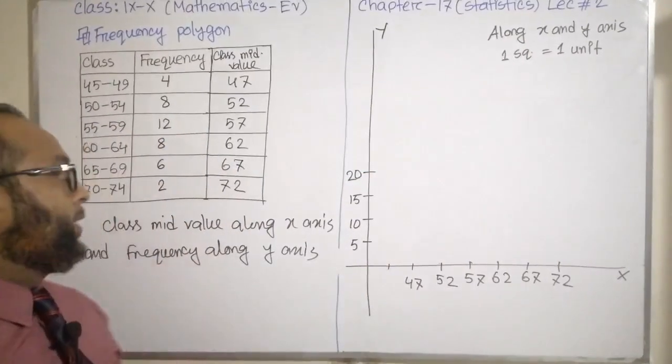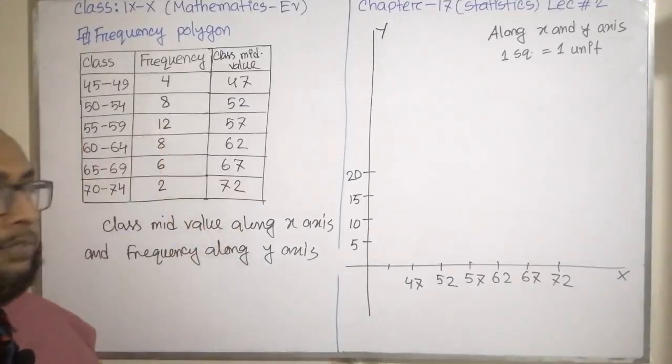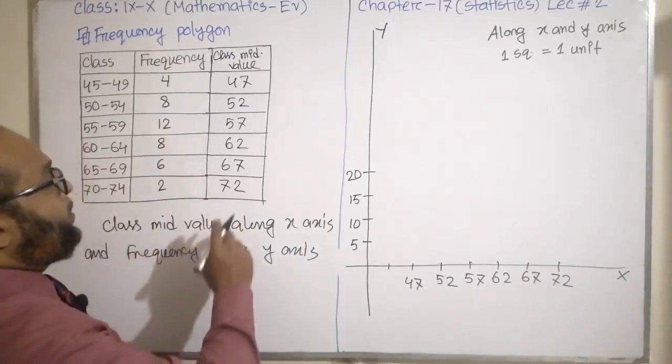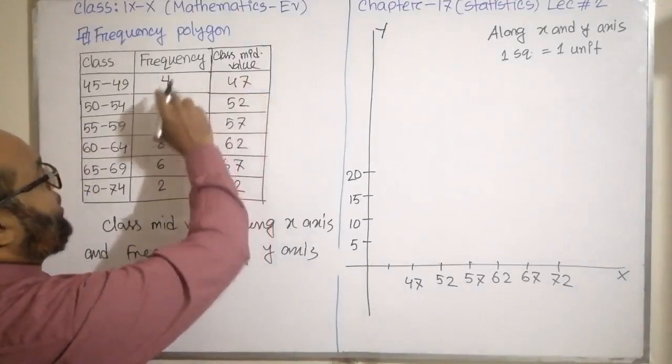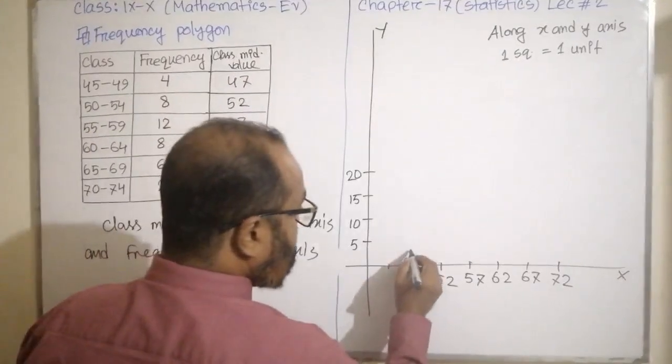These are enough. Here the highest frequency is 12. Now at 47 the frequency is 4.